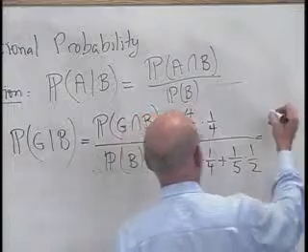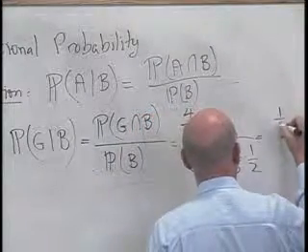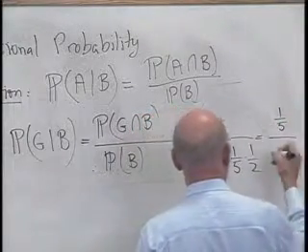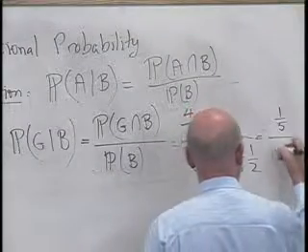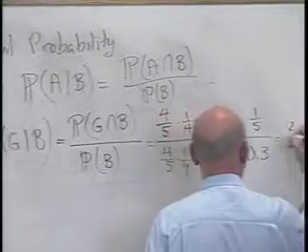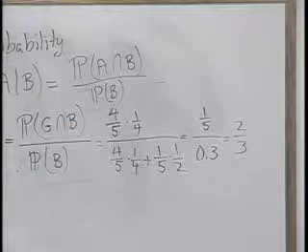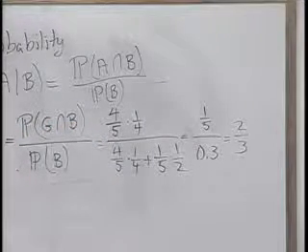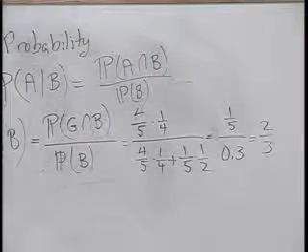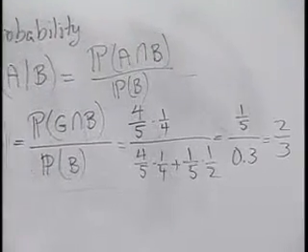So in the numerator, we've got 1/5. In the denominator, we've got 1/5 plus 1/10, or 0.3. And the ratio is 2/3. So in this example, this definition leads us to exactly the same calculation that we did before. But that is not always so.